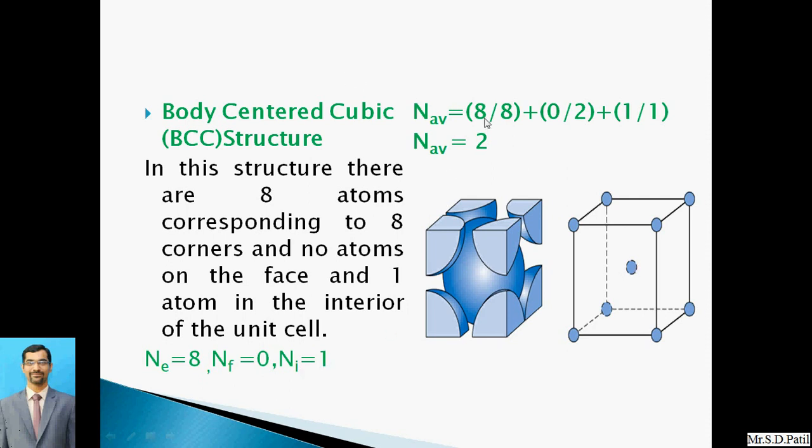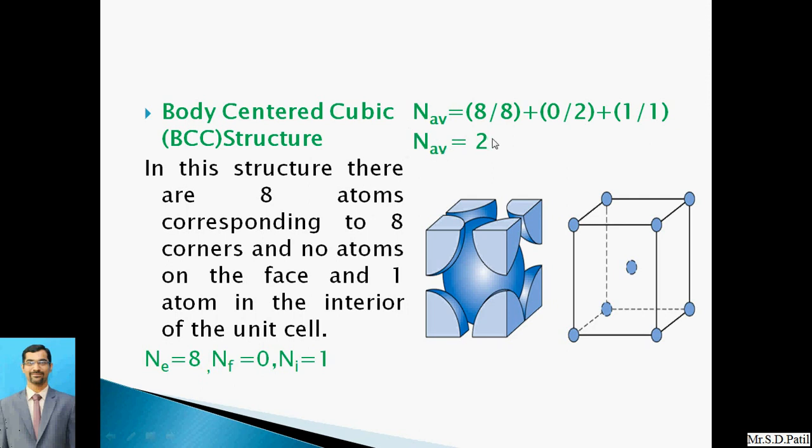So again the calculation for the average number of atoms per unit cell: NaV is equal to 8 upon 8 plus 0 by 2, since there is no atom on the face, plus 1 by 1 for the one interior atom. So finally we get NaV is equal to 2.